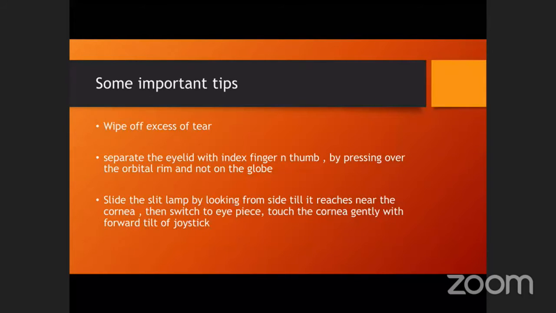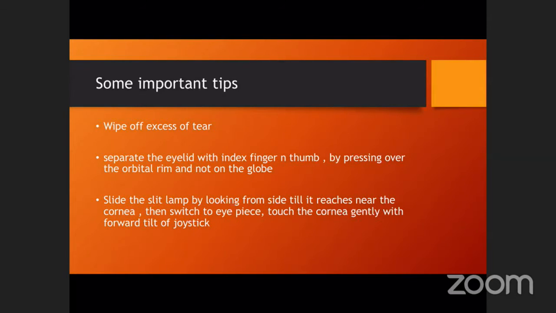Some important tips: we have to wipe off excess tear and stain with the help of cotton or tissue paper. If there is a need to separate the eyelids to put the biprism properly onto the cornea, we have to separate the eyelids with our index finger and thumb.